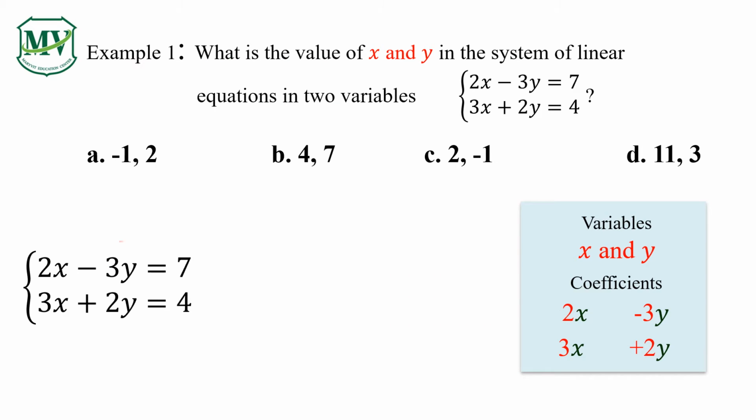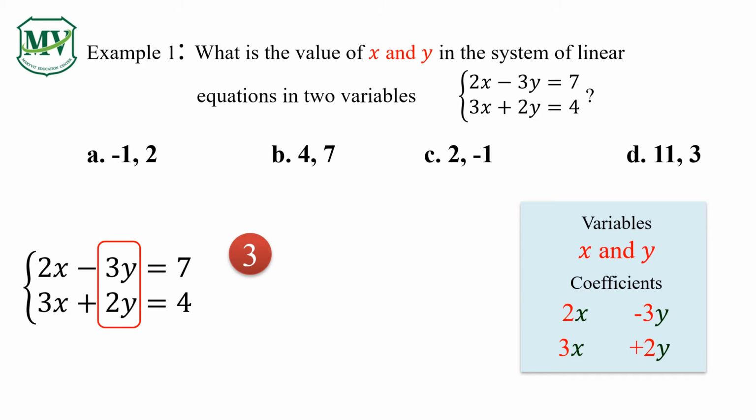Let's say we are going to eliminate the variable y. So that means we have to get the LCM of the coefficients of y in both equations. In equation number 1, the coefficient of y is negative 3. Since LCM is always positive, we are going to use positive 3.